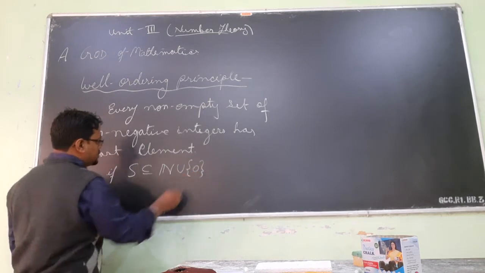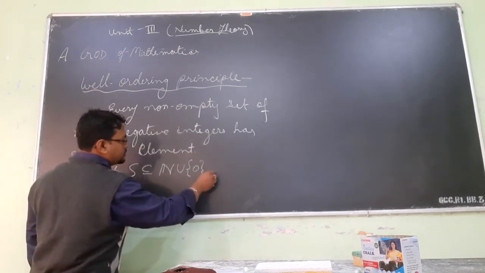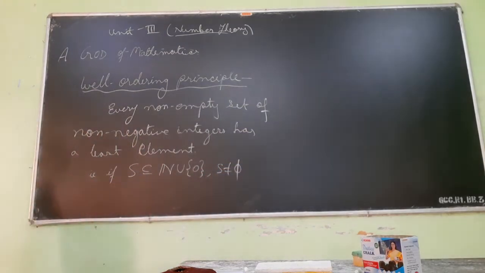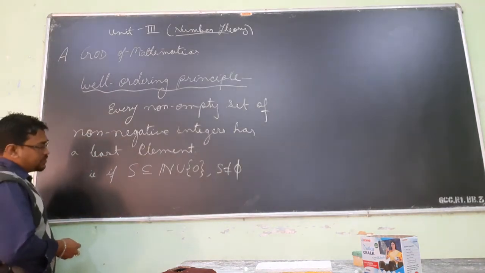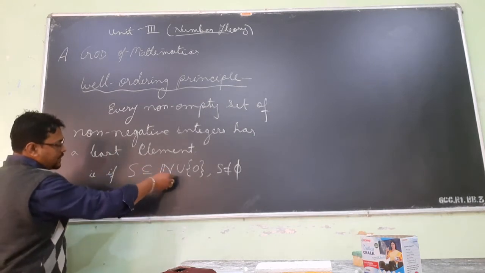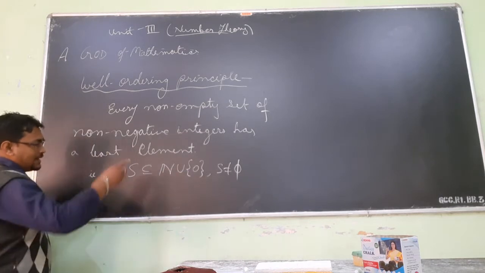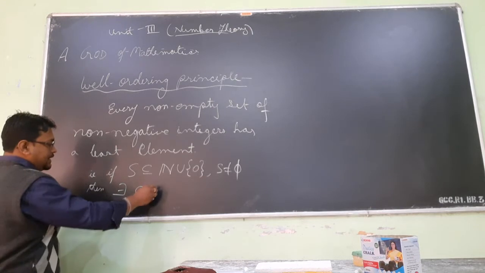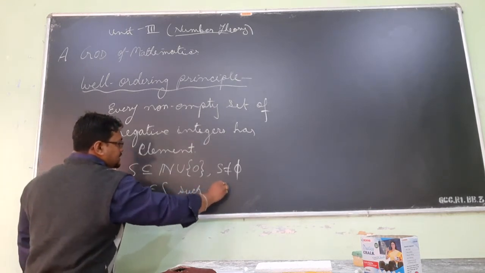So if S is a subset of N union 0, and S is not equal to the empty set. If it is an empty set, we cannot find such a least element. Empty set doesn't have any elements. So if S is a subset of N union 0, where N is the set of natural numbers, union with the singleton 0, and S is non-empty, then there exists an element A inside S such that A is the least element.